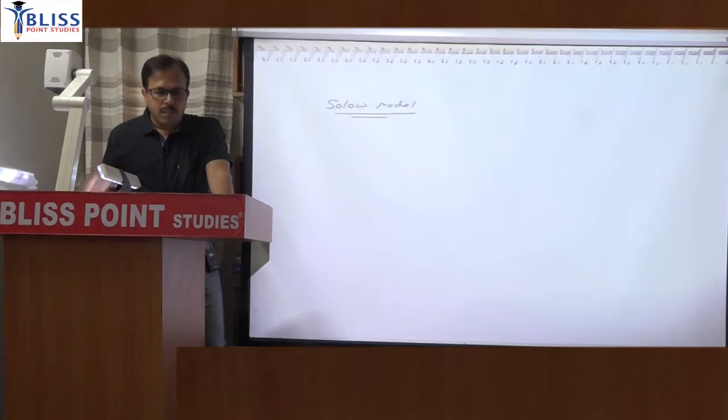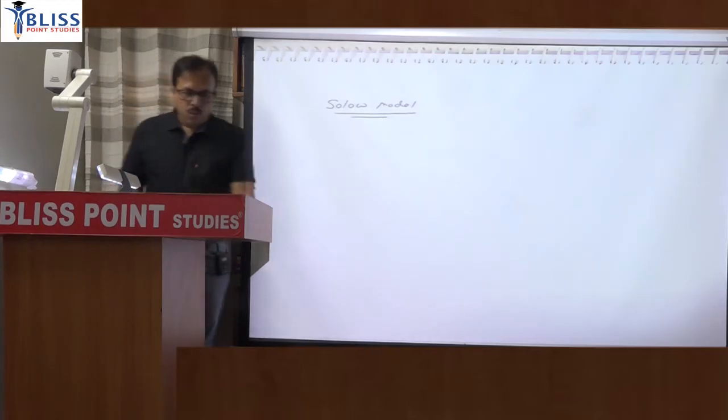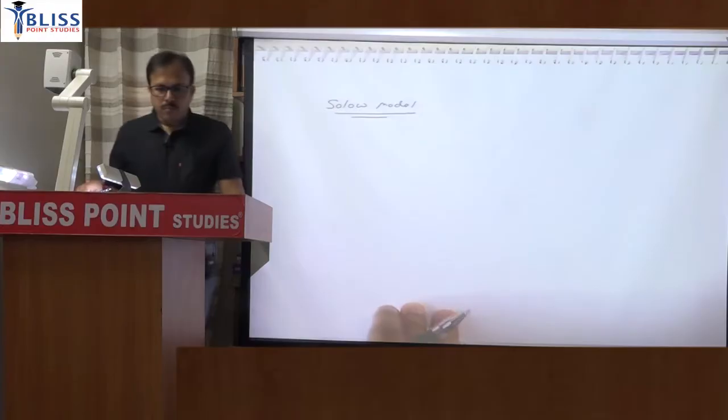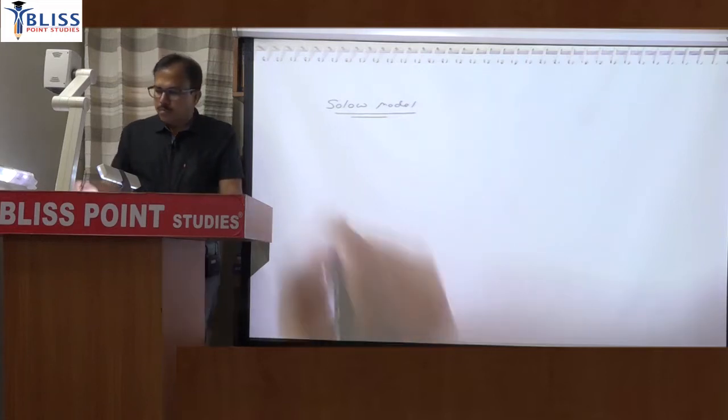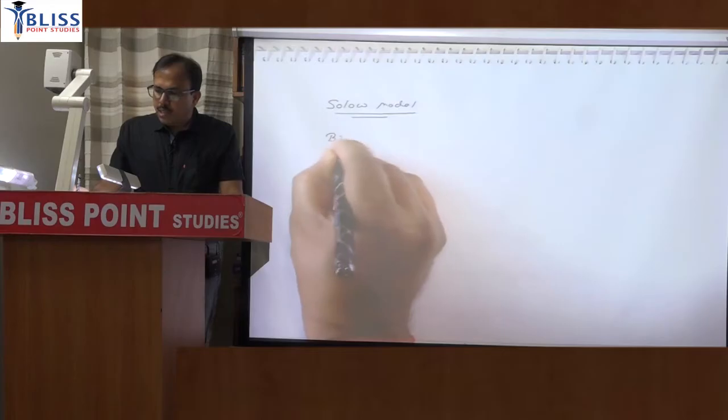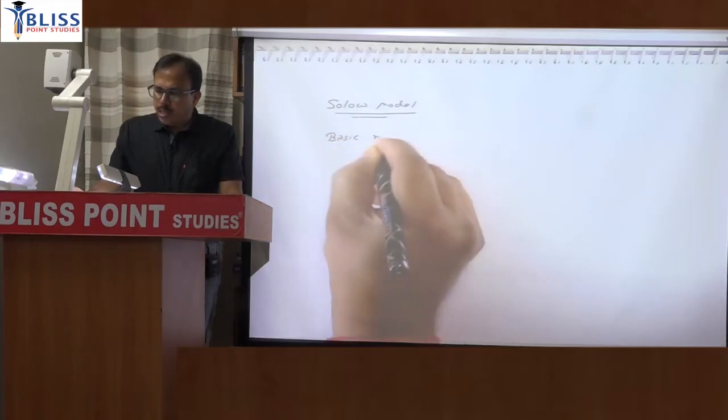It means as stock of capital increases, marginal product of capital will decrease. So it is based upon law of diminishing return. So I will be explaining that model. So we can start with the basic part.